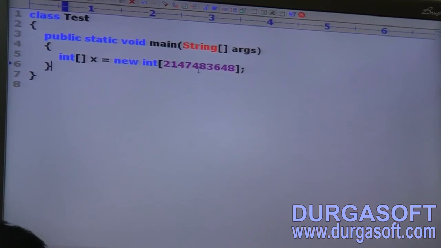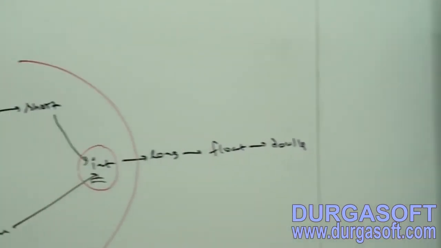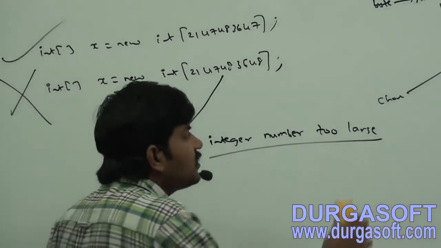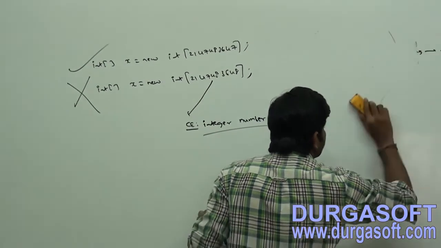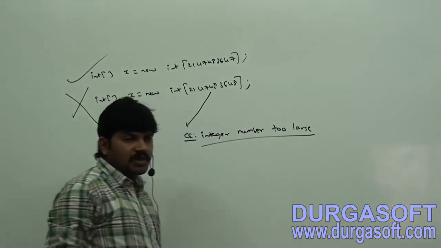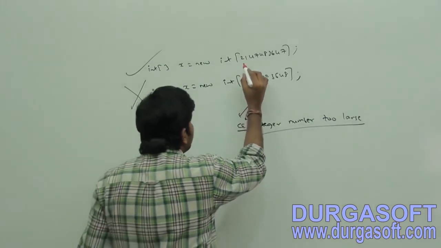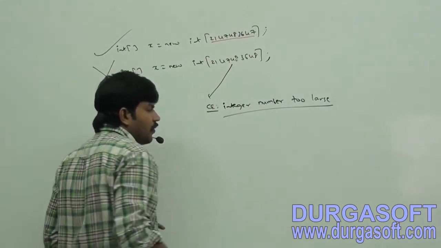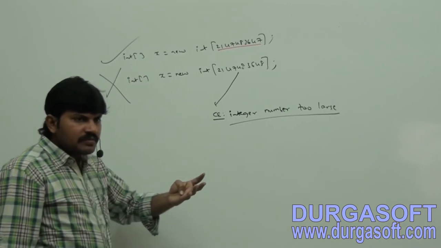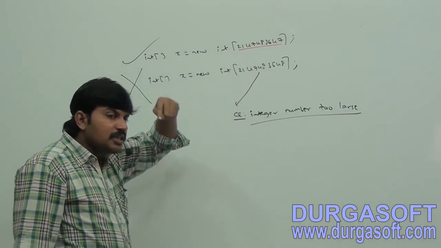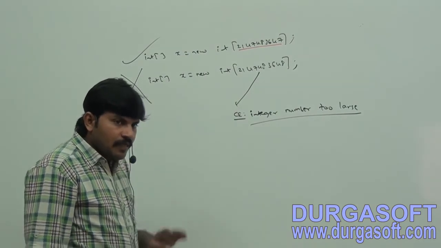Now I have another small clarification. Just observe, the first one is valid, but there may be a chance of a problem even in the first case. It doesn't mean you will compulsorily get it. How many int values do we represent? 2147483647 int values, and each int value takes 4 bytes.